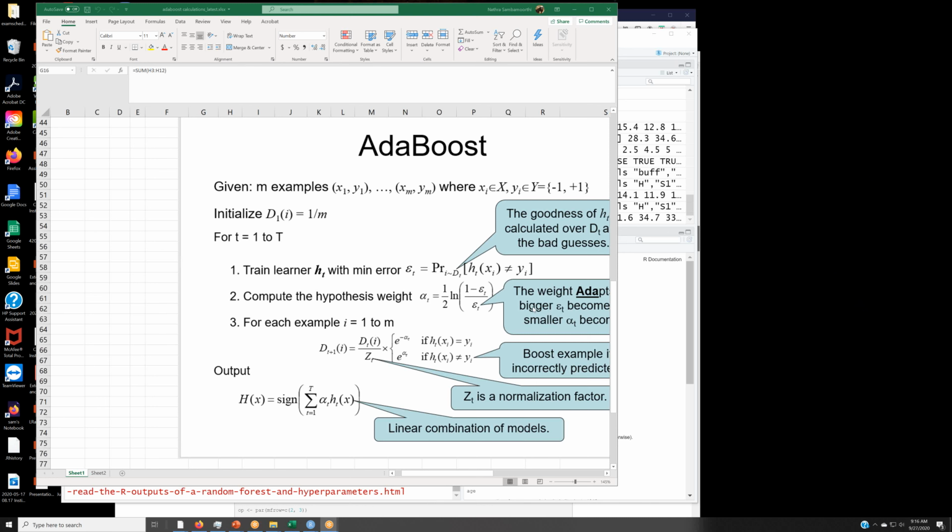What is the constant we use to boost and deboost? So the half of the log of odds, correctly classified versus incorrectly classified. That is the constant that is used to boost and deboost incorrectly and correctly classified. To boost the misclassified observation, deboost the correctly classified.